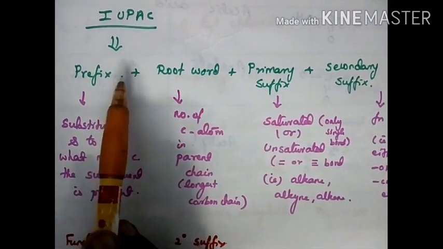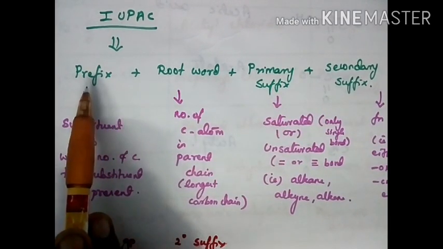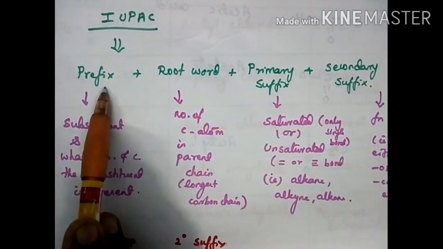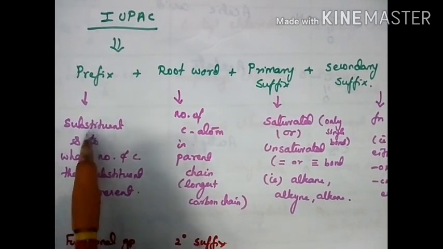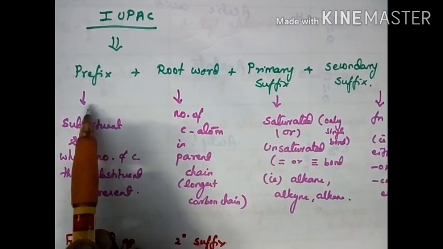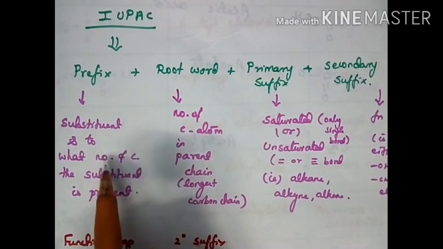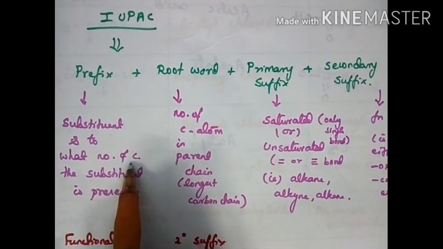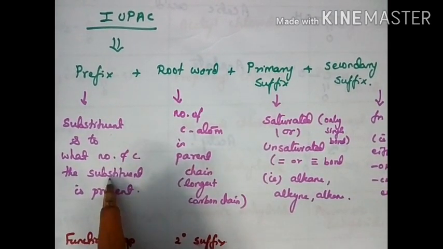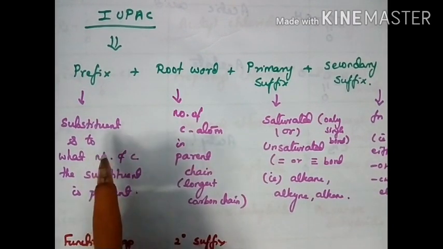While writing the IUPAC name, first you have to write the prefix. What is prefix? It is nothing but a substituent. If any compound is given to you, first you must find whether any substituent is there or not. If a substituent is there, mention the number of the carbon to which the substituent is attached, whether it is the first carbon, second, third or fourth carbon.